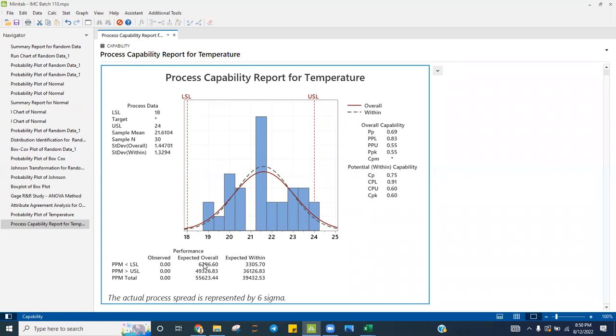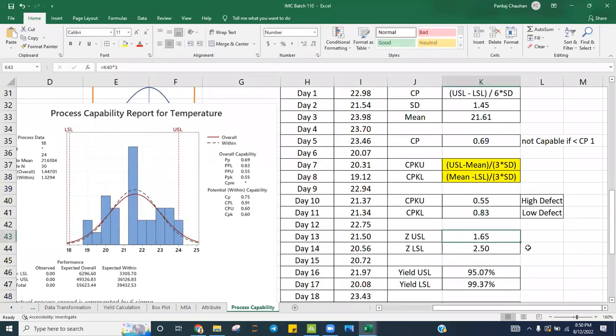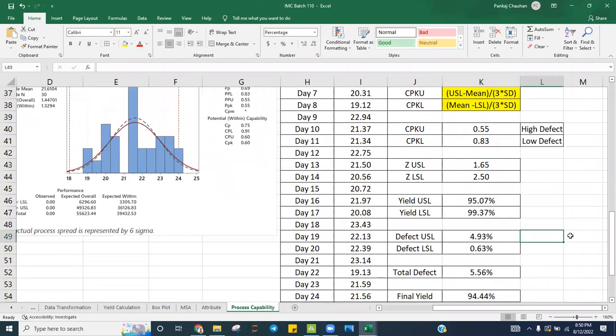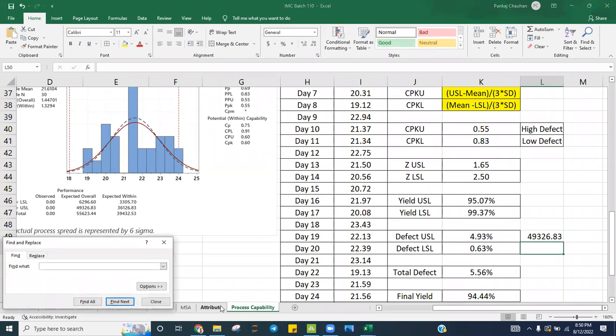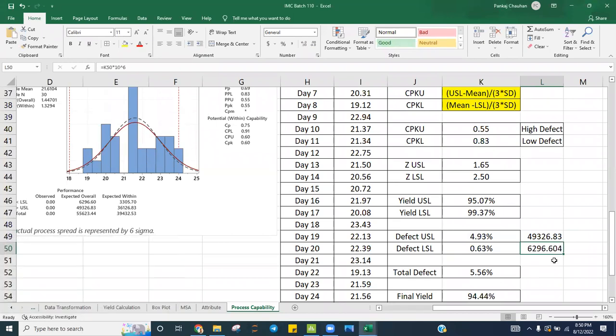This is ppm, parts per million, right? If you convert your data into ppm, which is the defect data you have, ppm means this defect multiplied by 10 to the power 6. So you will get the same defect, right? 49326 and 6296.